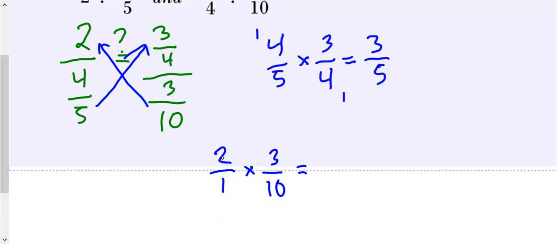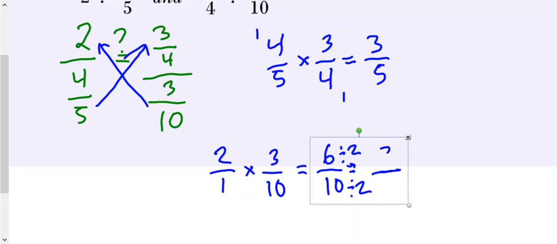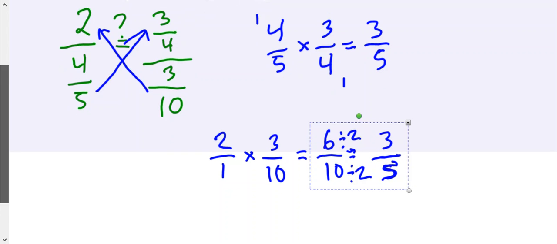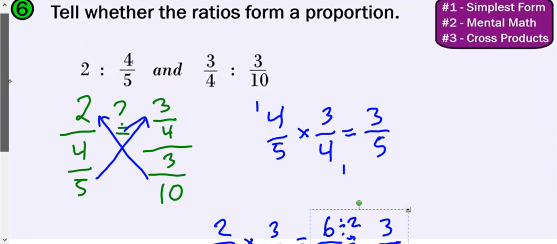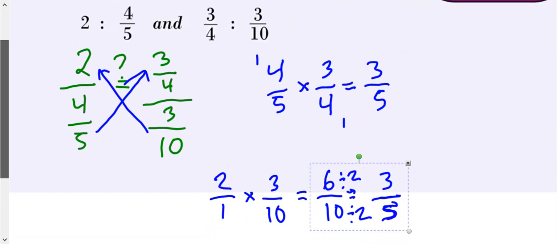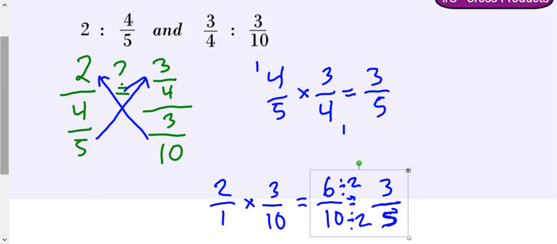Multiplying straight across, 2 times 3 is 6, and 1 times 10 is 10. If we simplify that by dividing by 2, we get 3/5. So using cross products, we can see that these ratios do form a proportion.